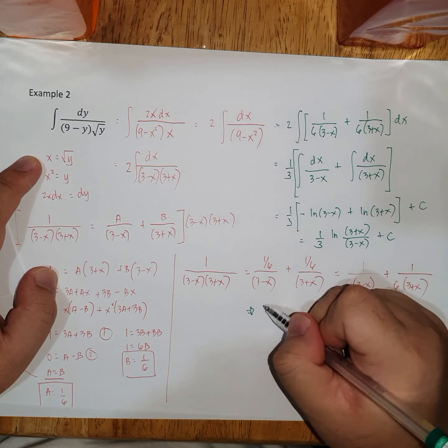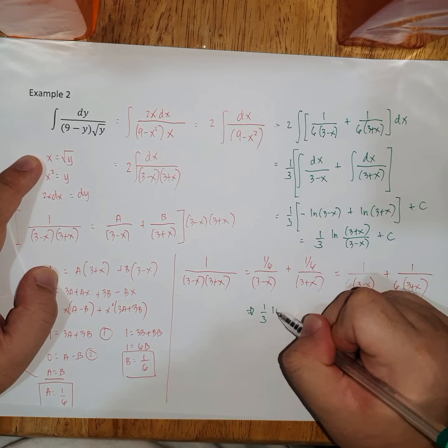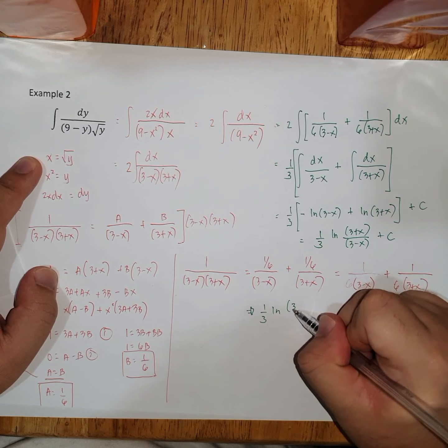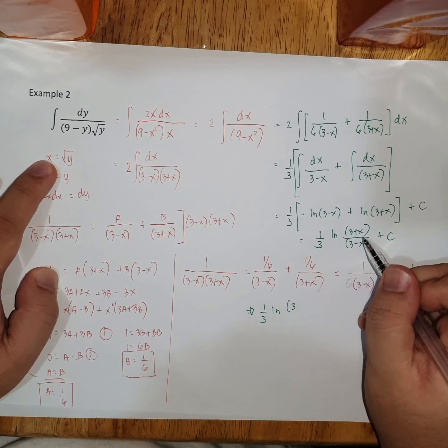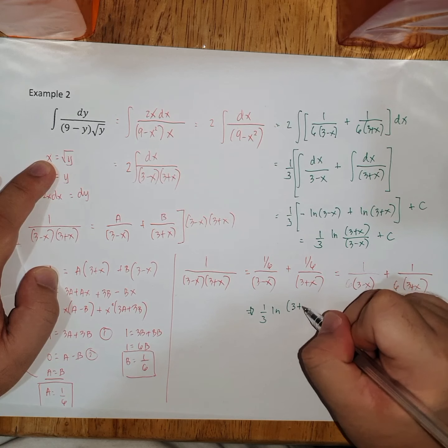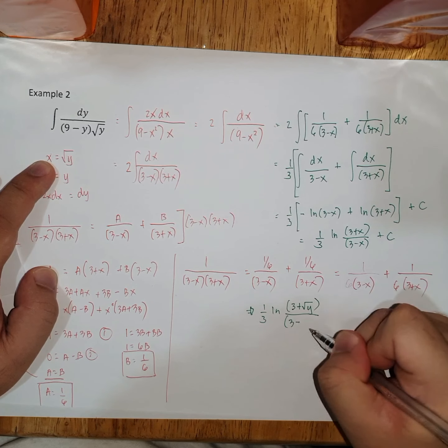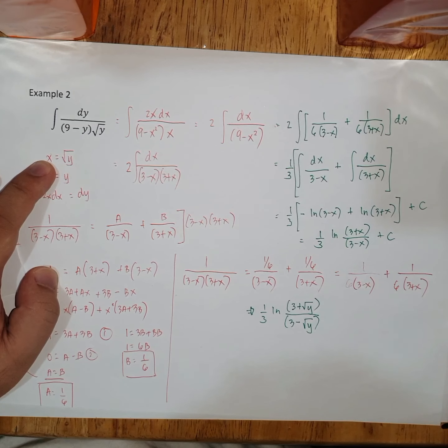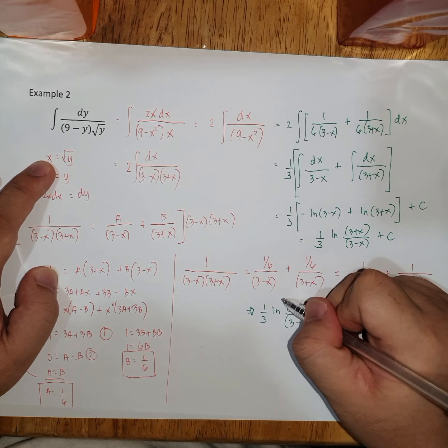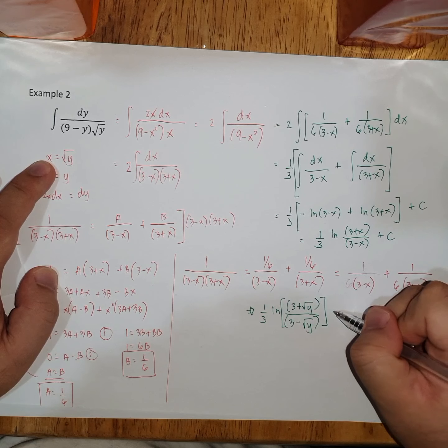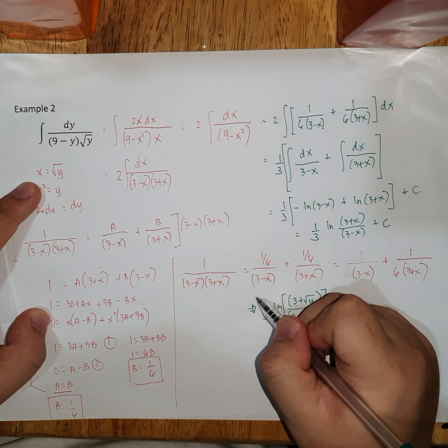So 1/3 ln, where the value of x is square root of y, so 3 plus square root of y all over 3 minus square root of y, is the value inside the ln, plus c. This will be the final answer.